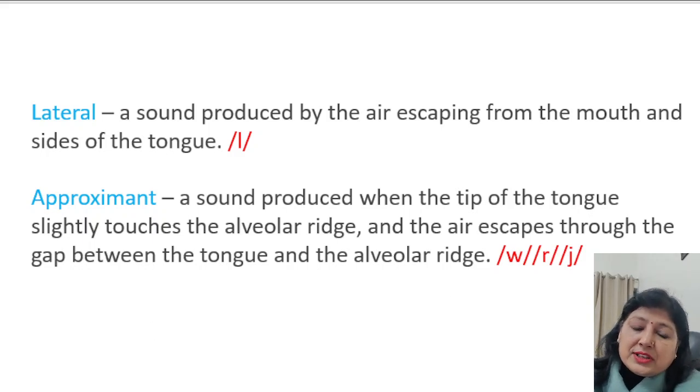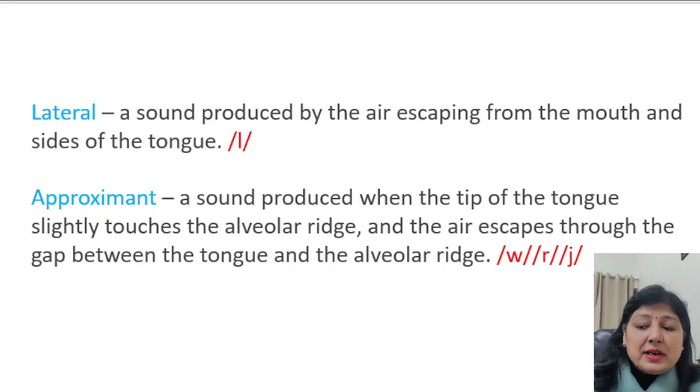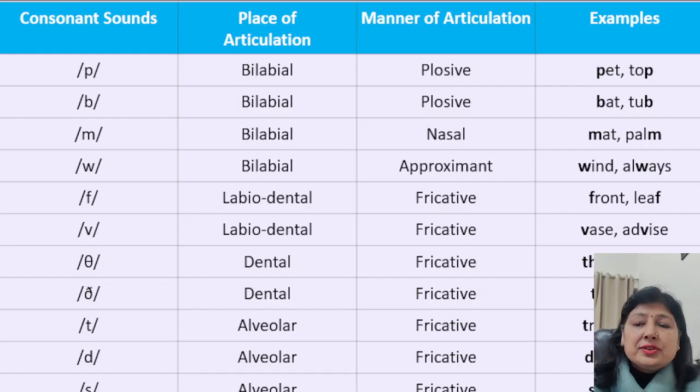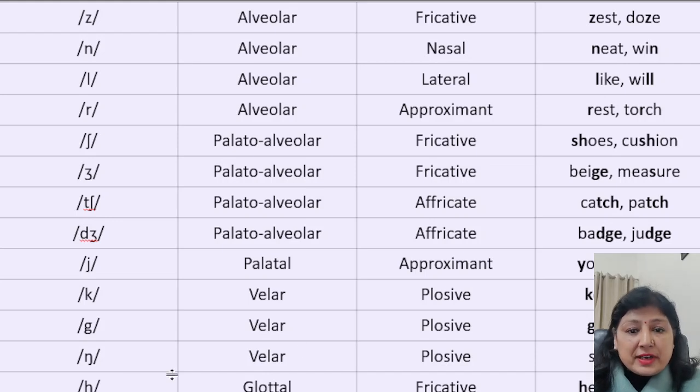So in this way, these consonants have been divided into many parts. In the next slide, you can see the table where there are the symbols for consonant sounds, the category according to place of articulation, the category according to manner of articulation, and examples in the form of words where these sounds can be used.